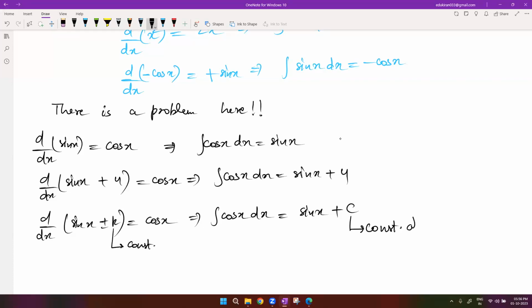What is c? Constant of integration. What does it do? It represents the family of curves.